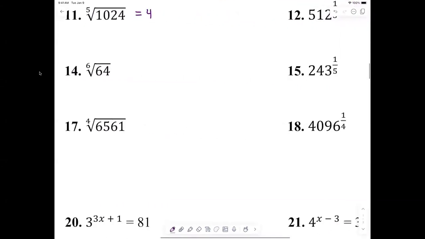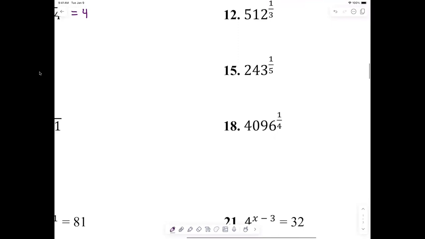All right, check out 15. Now, for 15, type it in as 243, caret, and then just do 1 divided by 5. And hopefully that'll tell you it's what? 3.